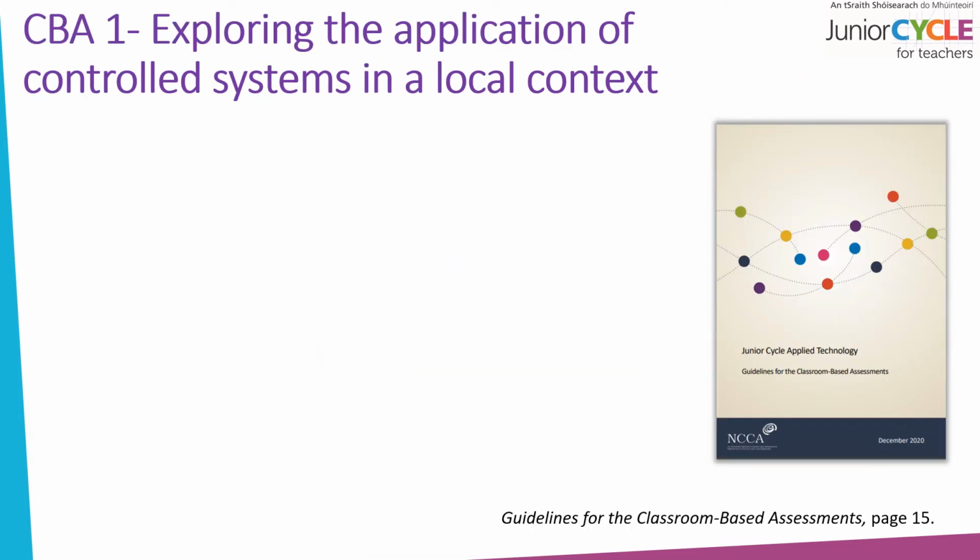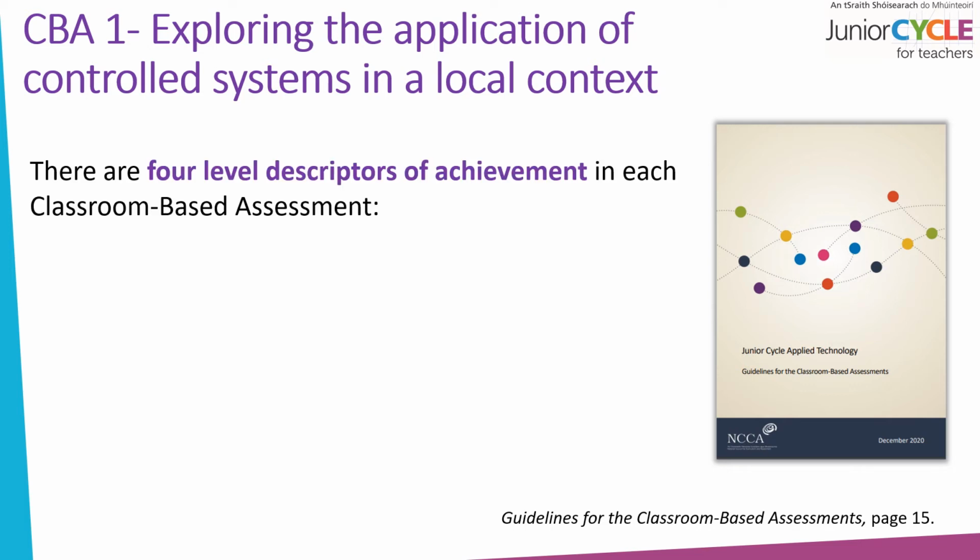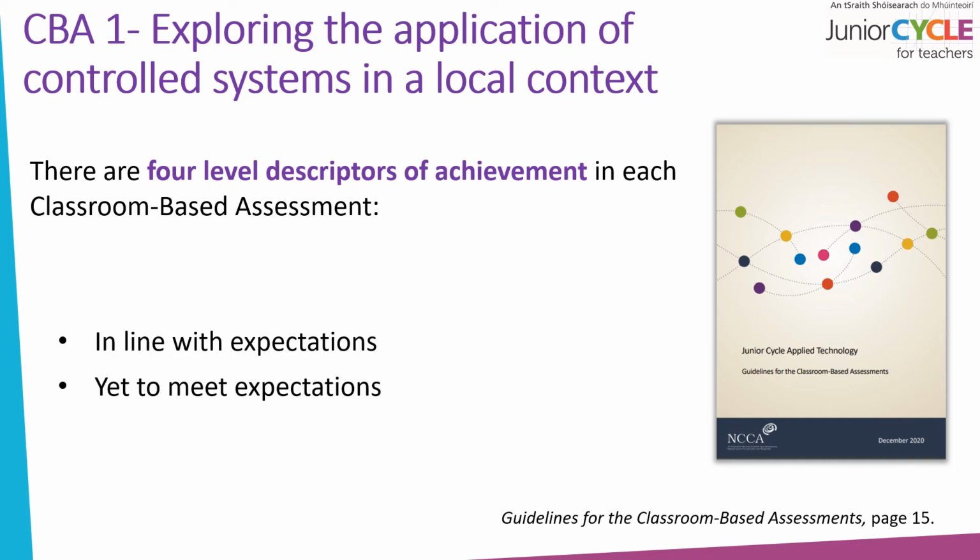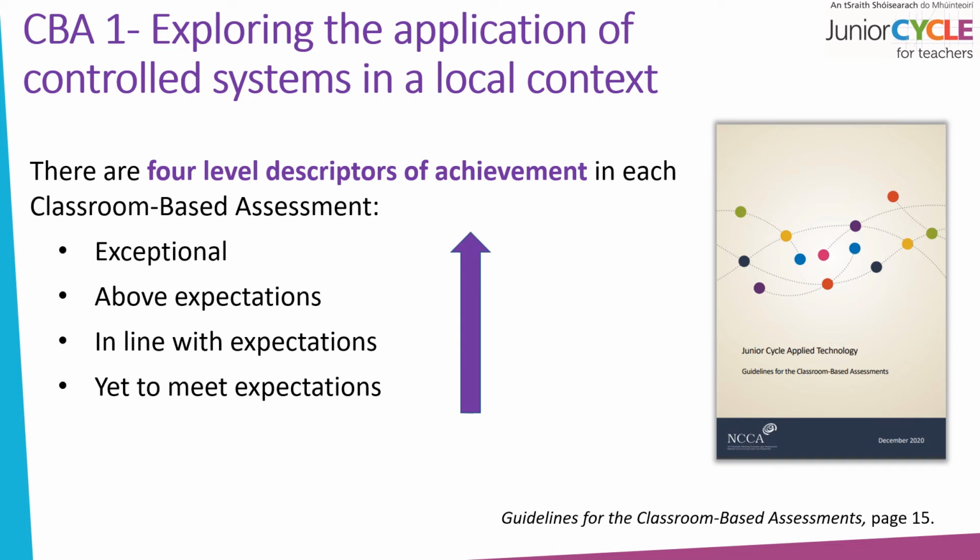Once students have completed their classroom-based assessment, they will submit their work to their teacher. The teacher will carry out a provisional assessment of their students' work based on the features of quality and award a provisional descriptor. There are 4 level descriptors of achievement in each classroom-based assessment: yet to meet expectations, in line with expectations, above expectations, and exceptional.